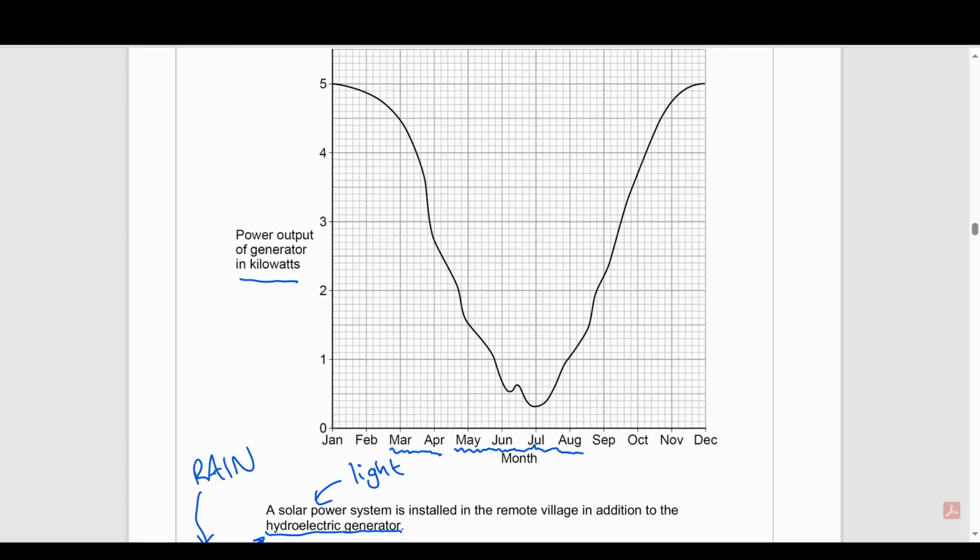So for us to gain our marks now, what you would need to do is you need to refer to both solar power and hydroelectricity.